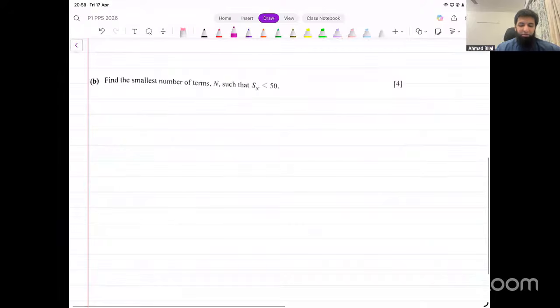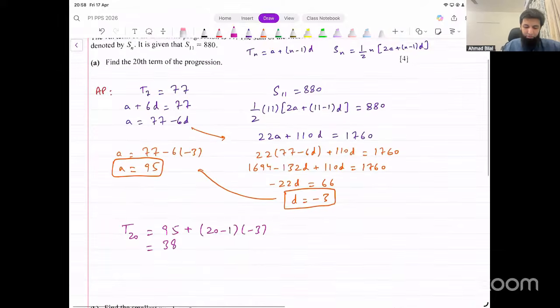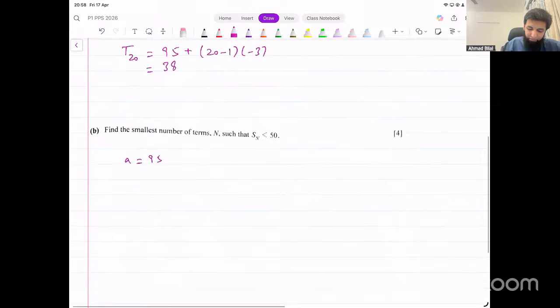Okay, now they're saying find the smallest number of terms n such that Sn is less than 50. Now we have to solve this inequality. We already have the first term, a is equal to 95, and difference is equal to -3.